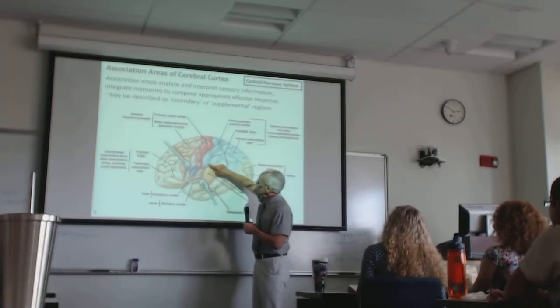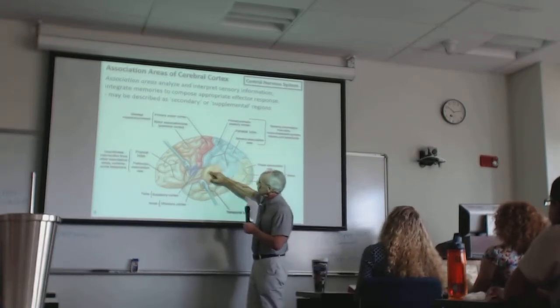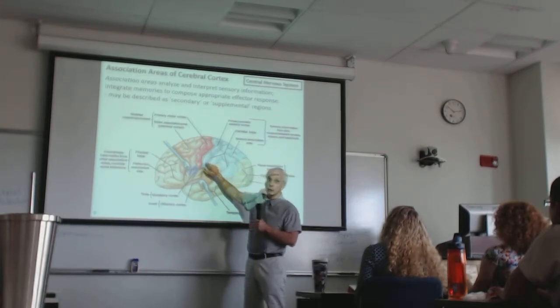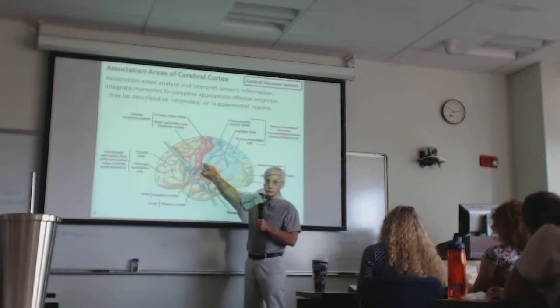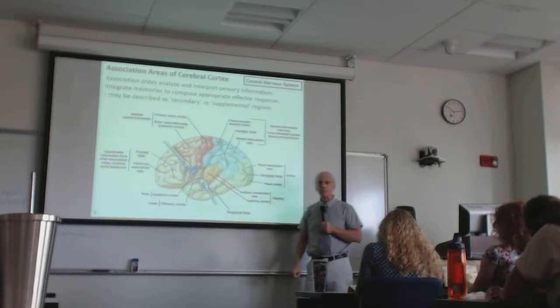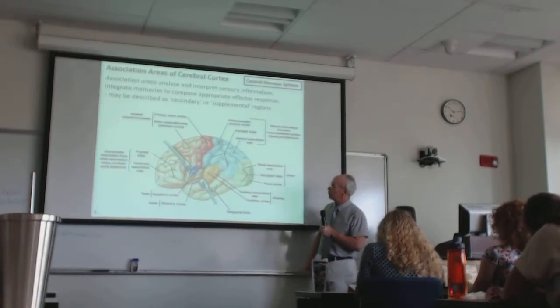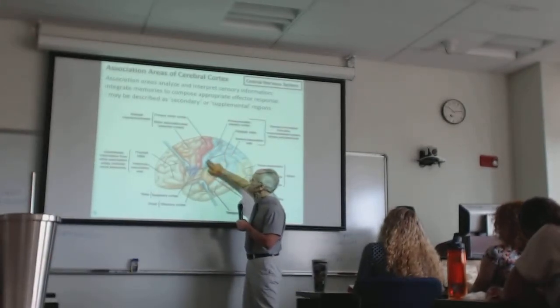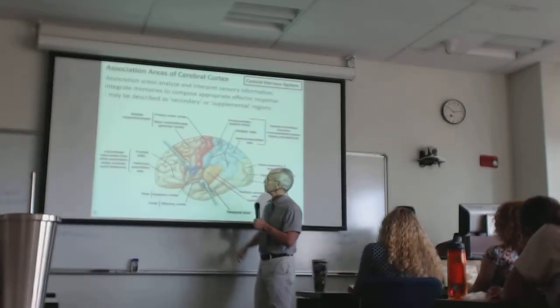But in general, we can say that at each lobe, each primary sensory cortex is where the sensations are initially received and processed. So it's kind of backwards, kind of opposite from the motor. So for simplicity, we'll just call this the primary sensory strip or the primary sensory cortex to keep things simple.